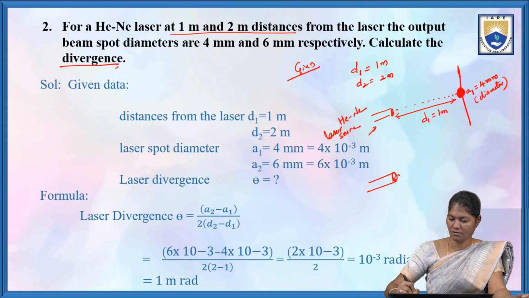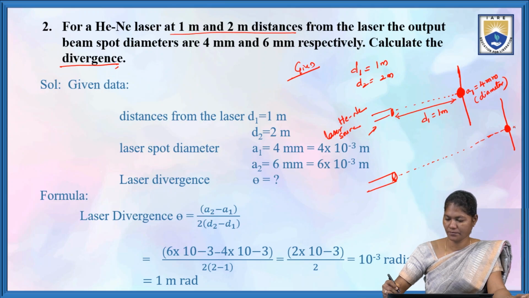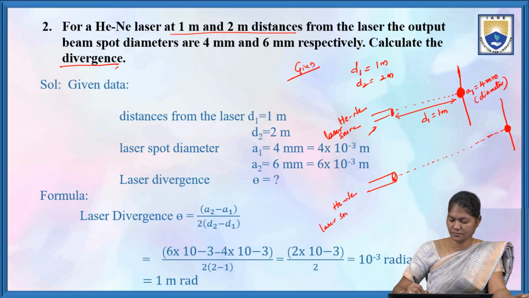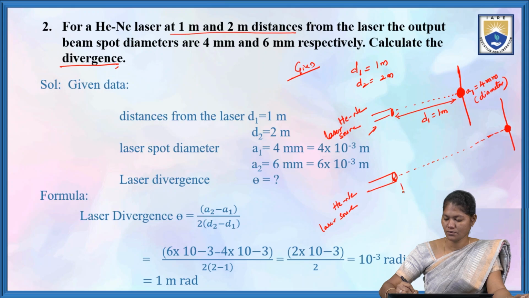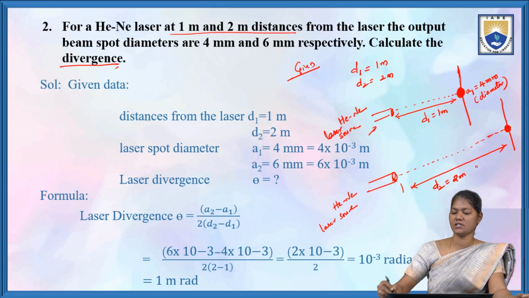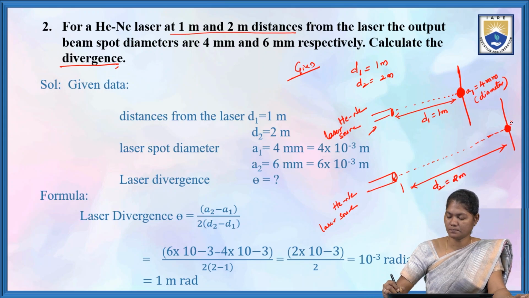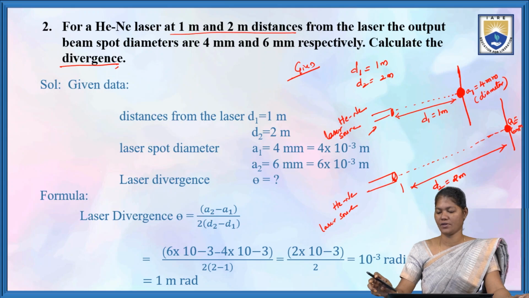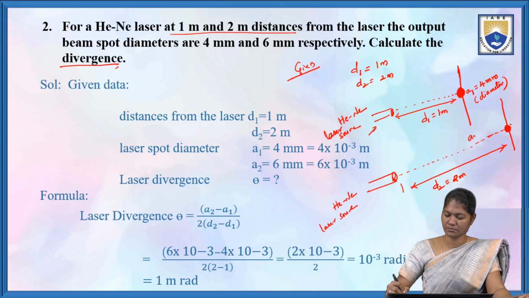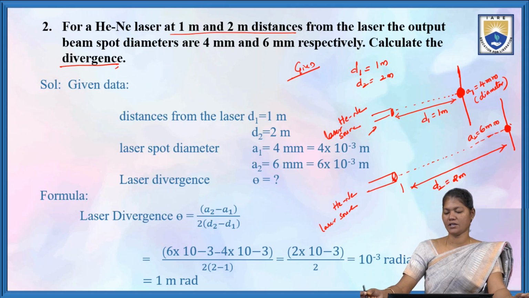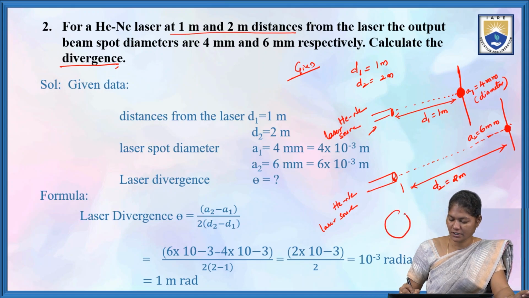And then when the distance is increased, that is D2, D2 is equal to 2 meters. Then the spot diameter A2 is equal to 6 millimeters.